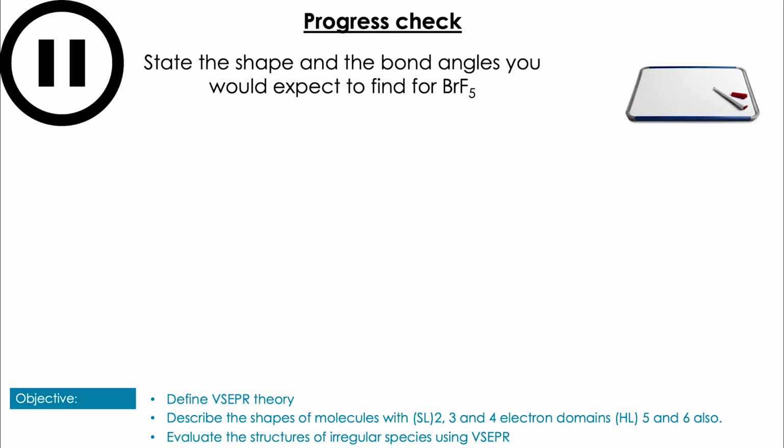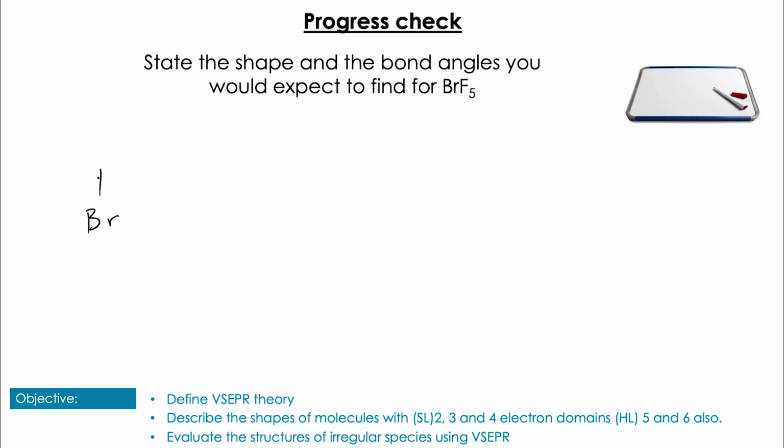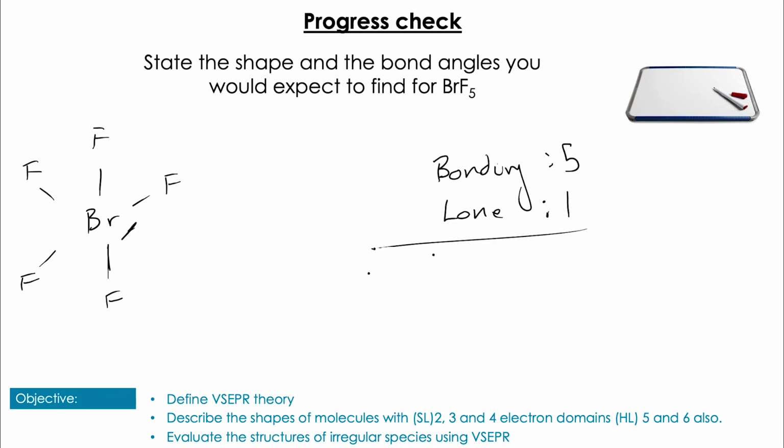Pop them up and pat yourself on the back. So with this structure, we're going to have the 5 fluorines, but we're still going to have one lone pair left on the central bromine atom, which gives us 5 bonding domains and 1 lone pair.